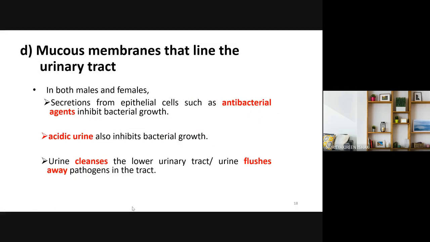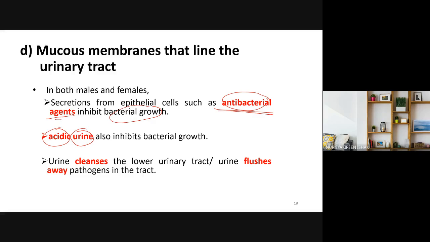So in both male and females, secretion from the epithelial cells such as antibacterial agents inhibit bacterial growth. Okay, so ada secretion that is secreted by the urinary tract to prevent growth of bacteria. This we call it as the antibacterial agent. So the urine, it is acidic. Sifat dia acidic.